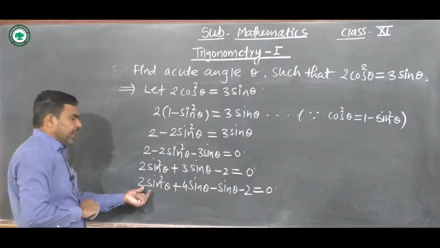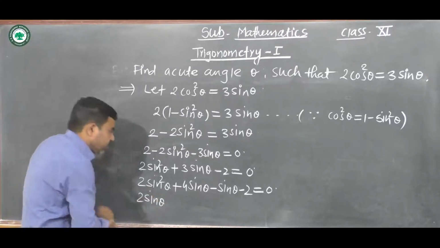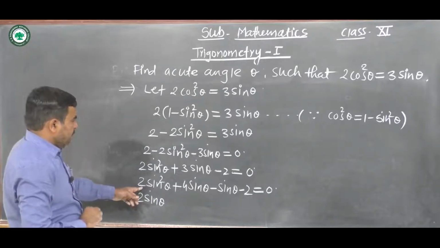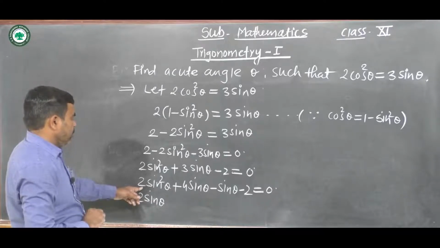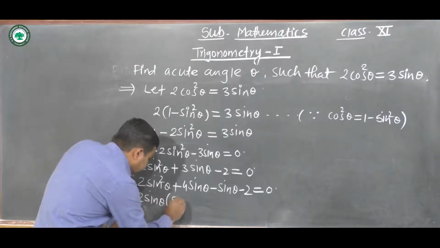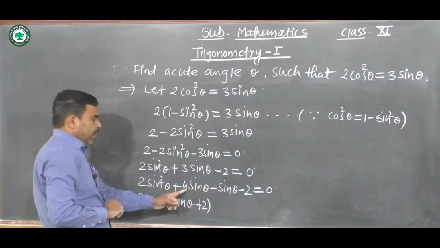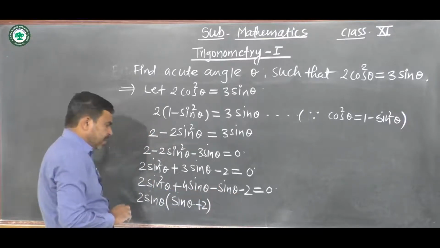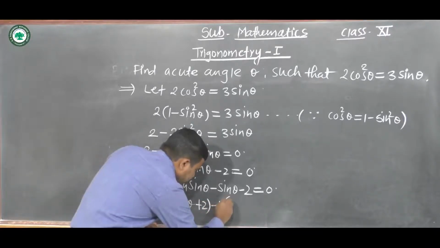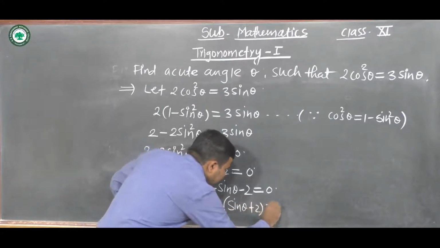If we take 2 sin theta common from the first two terms, it is 2 sin theta into (sin theta plus 2). Now from the last two terms, take minus 1 common, so in the bracket (sin theta plus 2), is equal to 0.